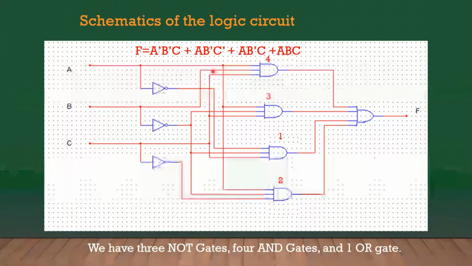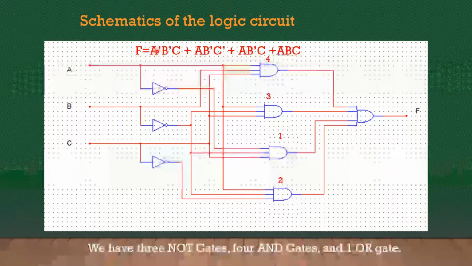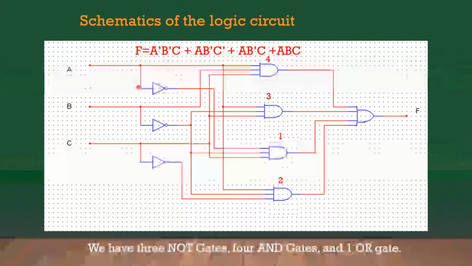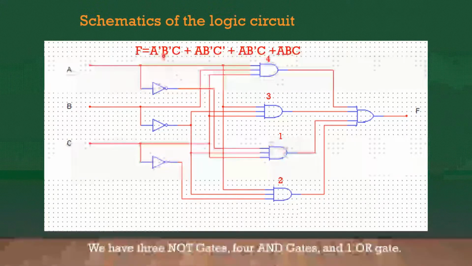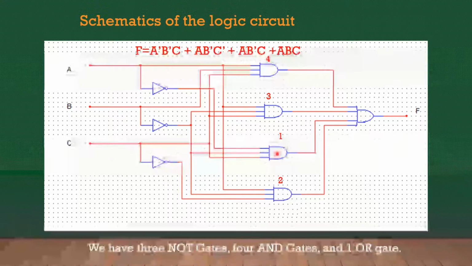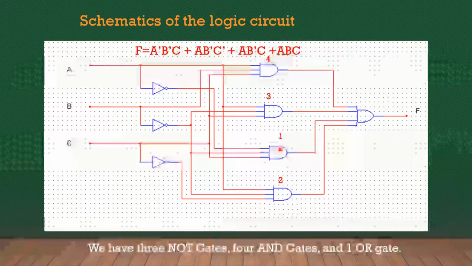For this expression, which is not the simplified one, for gate 1: given A, B, C as our inputs, A naught goes to gate 1, then B naught goes to gate 1 again, then C goes directly to this gate.